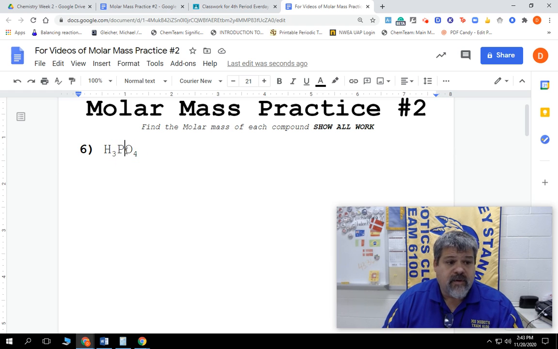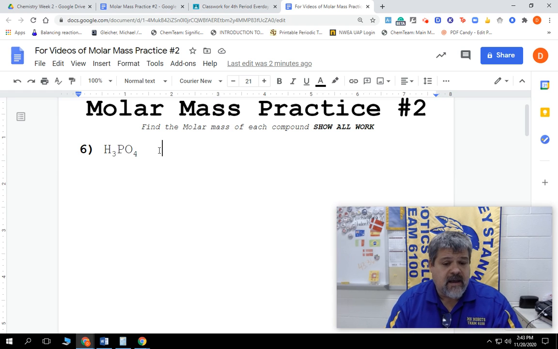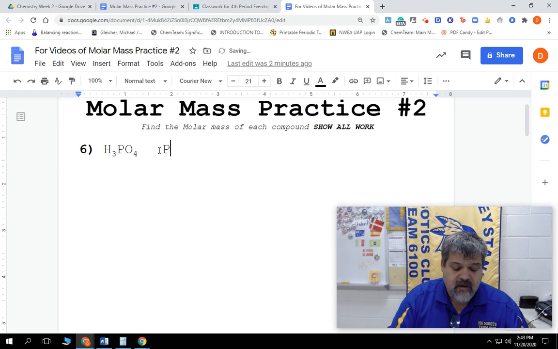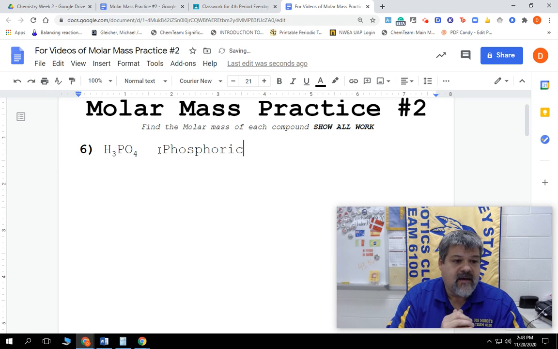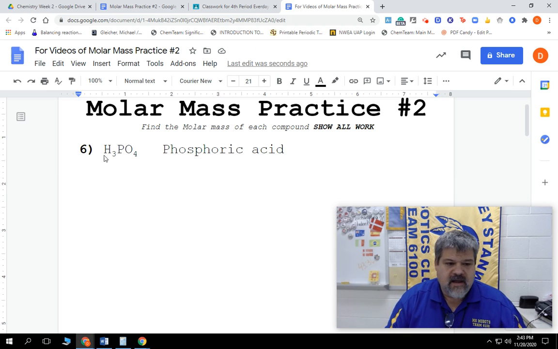So we know that we're not going to put hydro at the beginning, but we're going to change the ending of the polyatomic ion that ended with ate, and we're going to change it to ic. So instead of phosphate, it's going to be phosphoric. So we're going to put in there phosphoric and just write down the word acid. So what is this one right here? Phosphoric acid. That's good nomenclature.